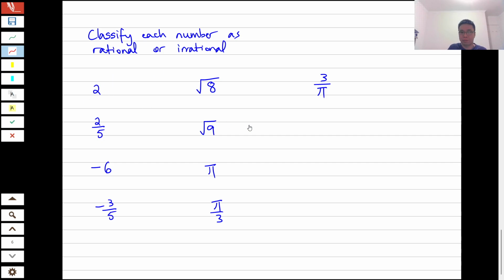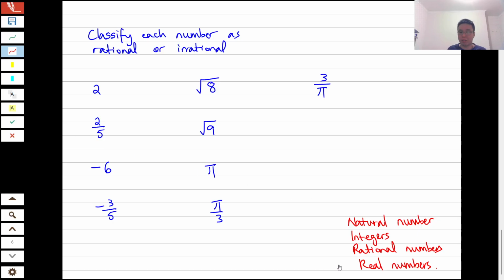Let's start with the number 2. The number 2 is a natural number. And remember, all natural numbers are integers, and all integers are rational numbers, and all rational numbers are real numbers.